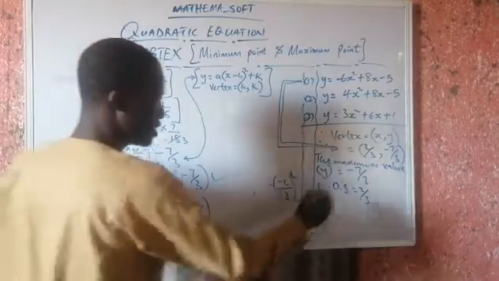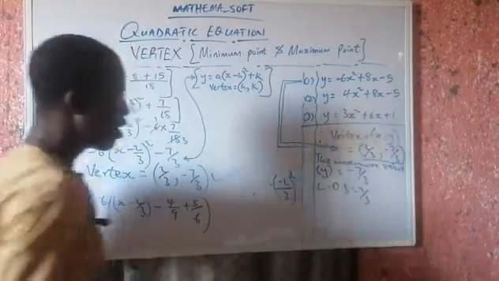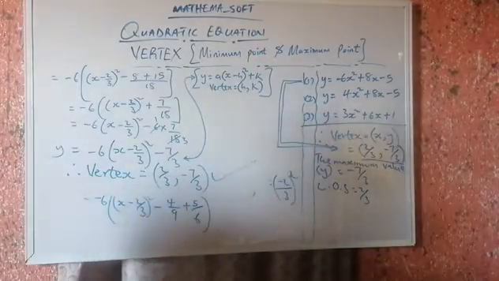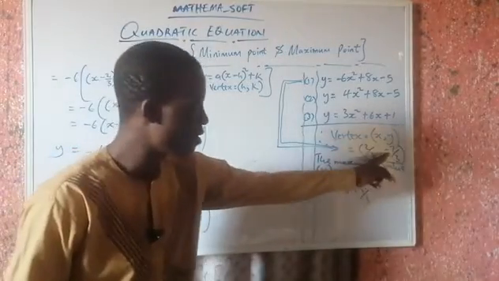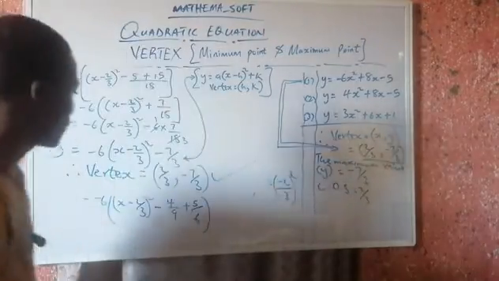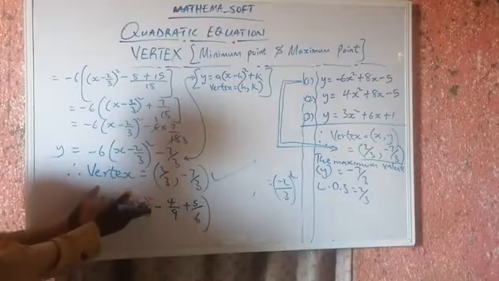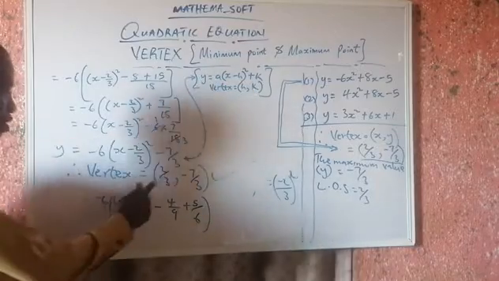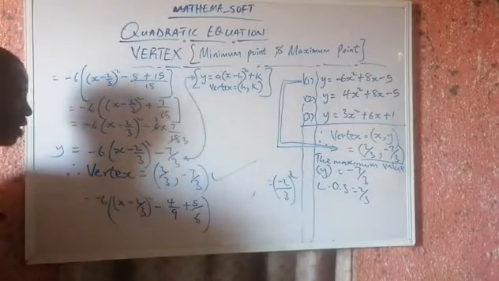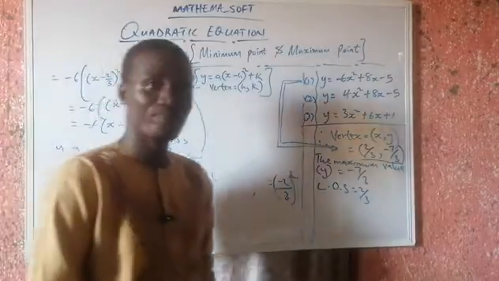So let's go back to this. You can see, when we use the direct method, our vertex is what? 2 over 3, comma, minus 7 over 3. And when we also use the vertex form, it is also 2 over 3, comma, minus 7 over 3.